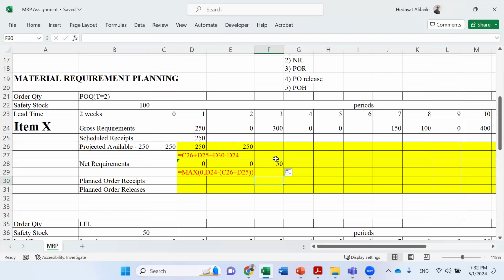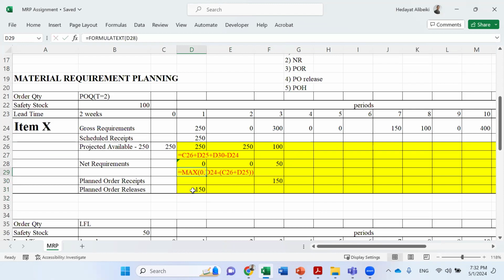That's what's here, 100 plus 50. So that's going to be the final order received. If I solve it based on lot for lot, I put 150 here, and then I update the inventory level. Inventory level is going to be 100. 100 is the safety level. We're good.